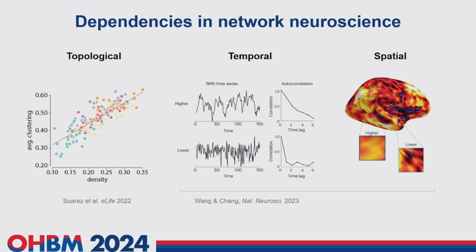And again, all of these dependencies may impact results if not appropriately dealt with, and null models are one way to take these dependencies into account in analyses and to evaluate the extent to which they might contribute to our results. And you'll hear today from speakers discussing all of these domains and more.